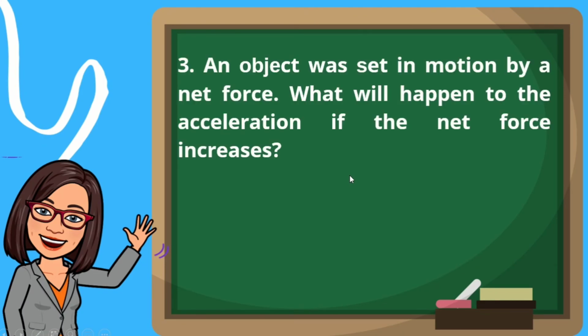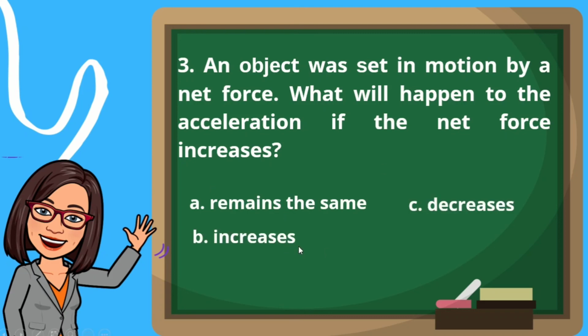Number 3. An object was set in motion by a force. What will happen to the acceleration if the net force increases? A. Remains the same. B. Increases. C. Decreases. And letter D becomes 0. An object was set in motion by a net force. What will happen to the acceleration if the net force increases?